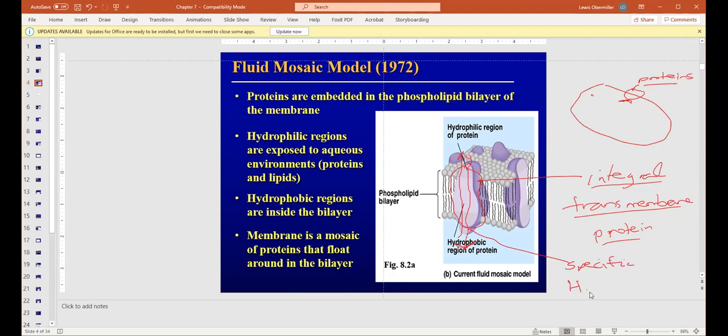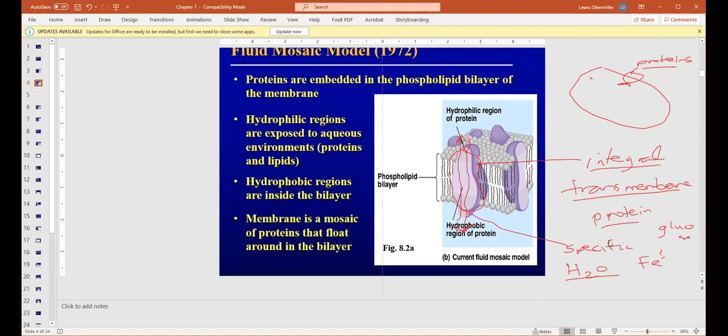So if their job is to transport water, that's generally the only thing they transport, because the shape is only made to transport water. Or let's say if its job is to transport iron, then it would only transport iron. Or it could transport glucose, and so the only thing that it would transport would be glucose.